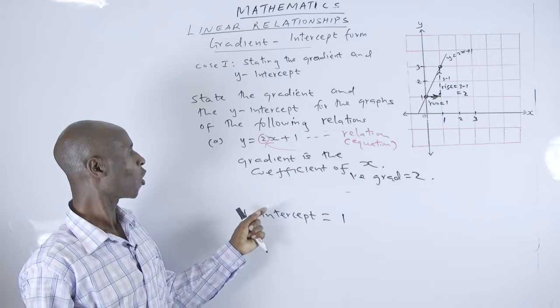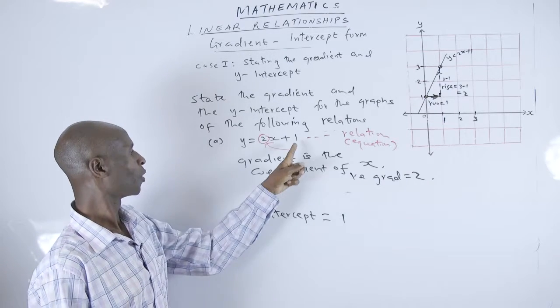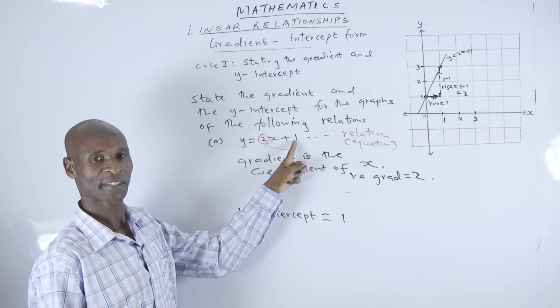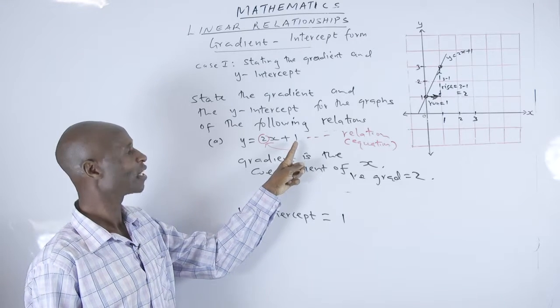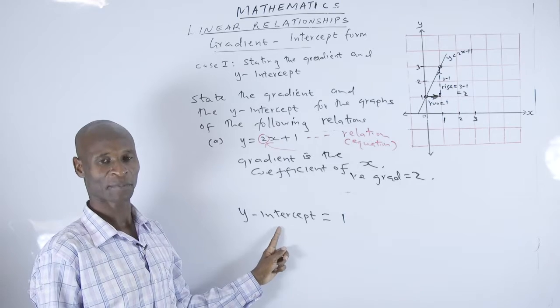Then we can also conclusively compare what the constant 1 represents. In our case, the constant 1 represents the y-intercept.